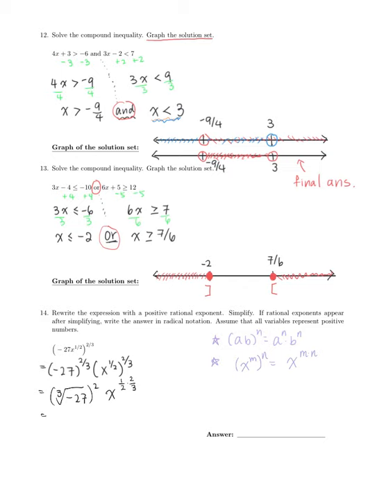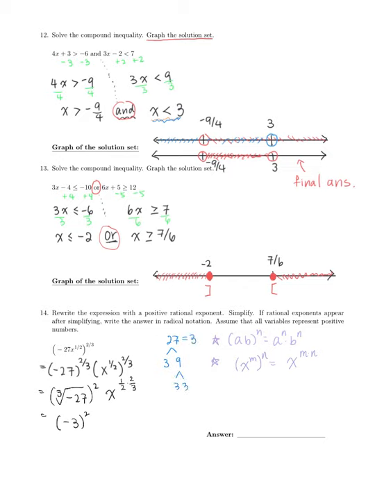Now, cube root of negative 27. You can think of it like this: what times what times what is going to give us negative 27? Isn't that negative 3? So the cube root of negative 27 is just going to be negative 3, to the second power. If you don't get that, you can break it down in a prime tree. 27 is 3 times 9, and then 3 times 3.